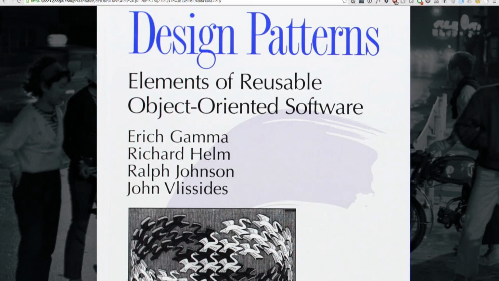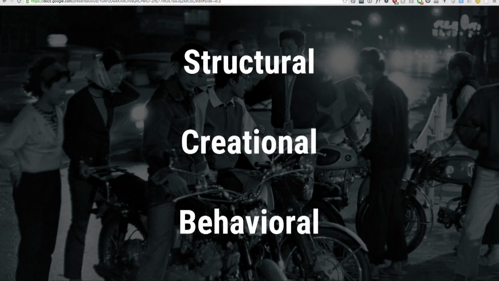By the way, if you have questions in between, because it's going to be technical, just shoot. So, roughly, you have, I think, four major patterns. You have structural, which is how do I structure my code. You have creational, like the name says, it's more about creating objects.